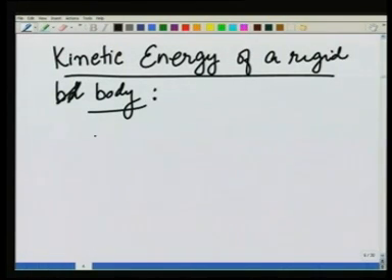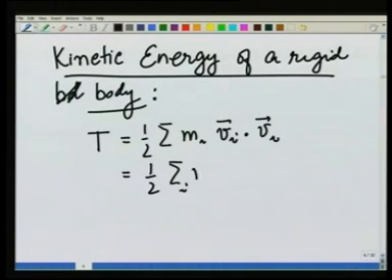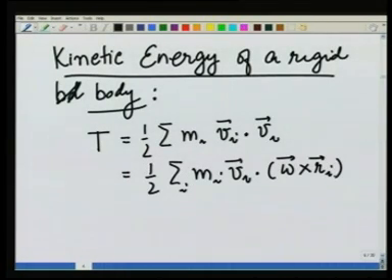So, let us see, the kinetic energy by definition is equal to the summation of 1/2 mi vi dot vi, which I can write as 1/2 summation over i of mi vi dot omega cross Ri.